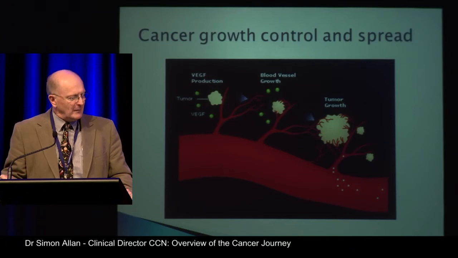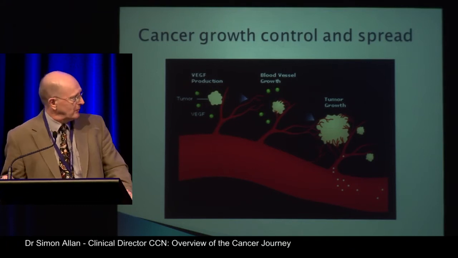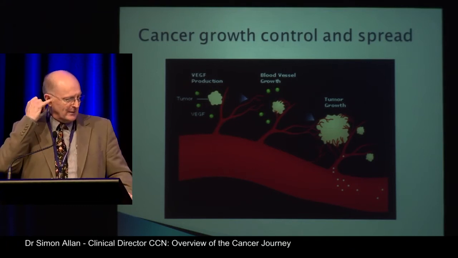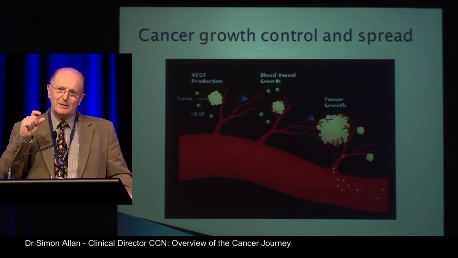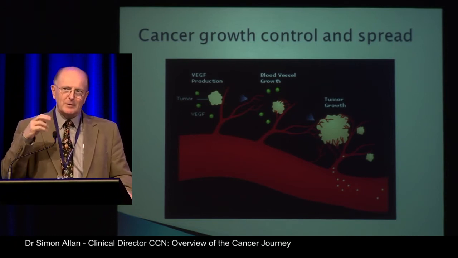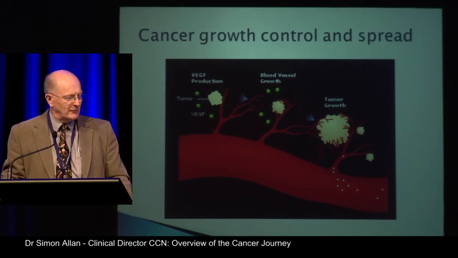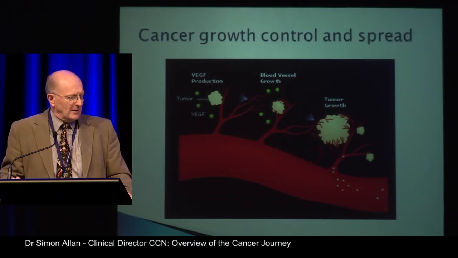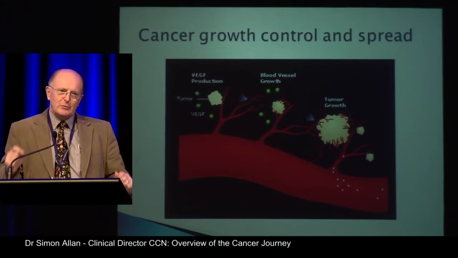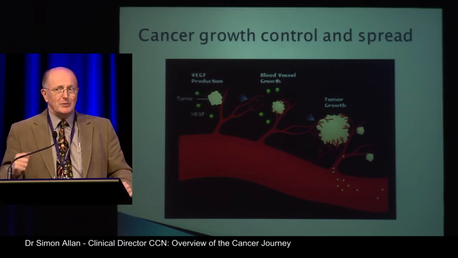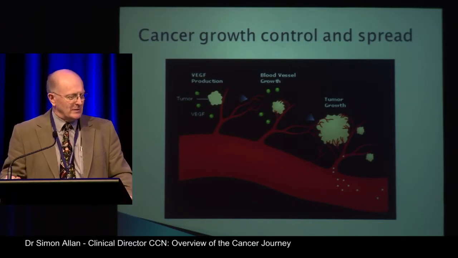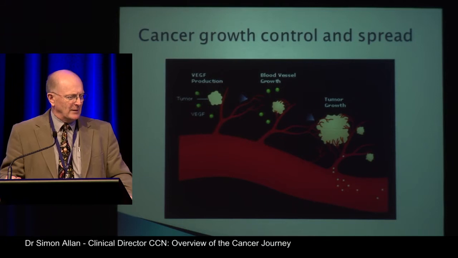If we look a bit more under the microscope at what's happening around those little tumours that are growing, the small one to your left has got to a size where it doesn't require its own blood supply. It's getting nourishment from the fluids around it. But it's also producing little signals between the cells to say, hey boys, let's grow, let's divide, let's get a bit bigger.